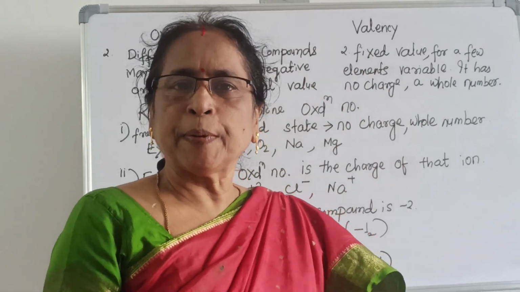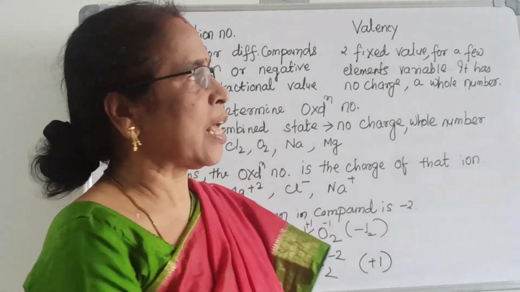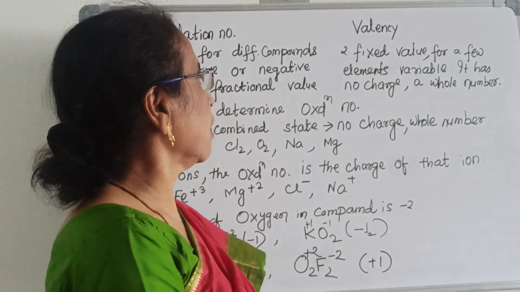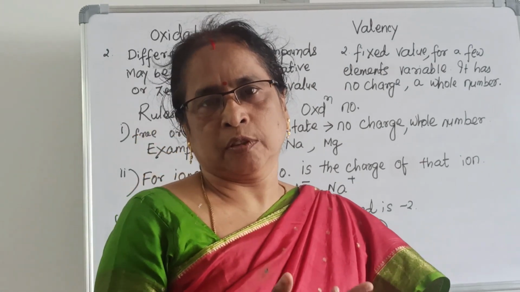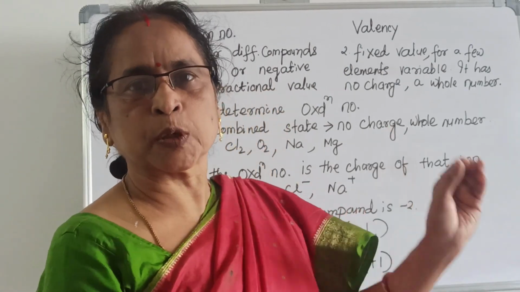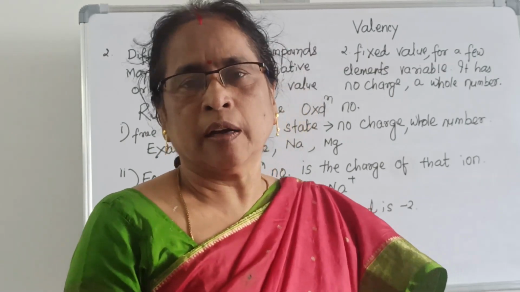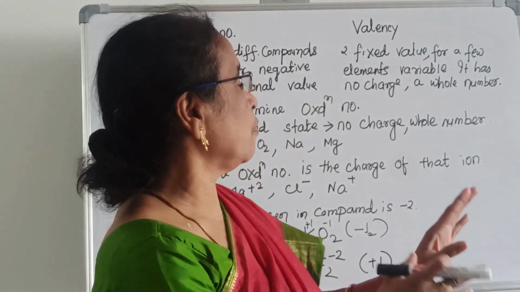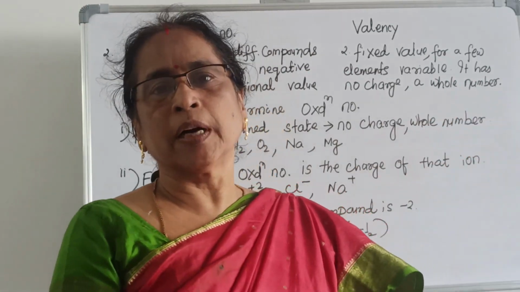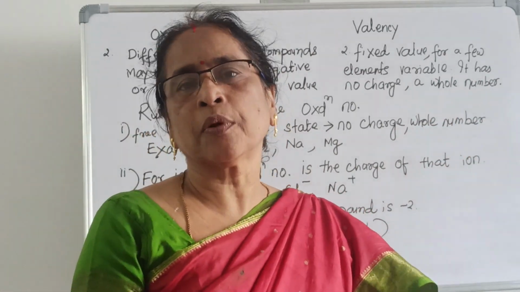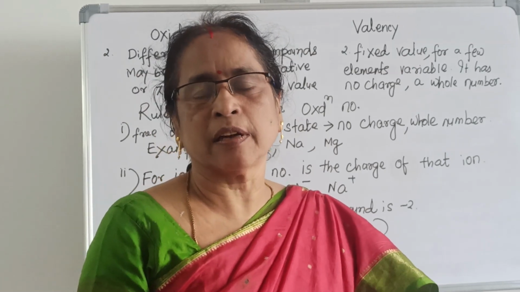But for a few elements it is variable, just like transition metals, and it has no charge. Generally a student may say it is +2, -1, 0, something, but what is actually the correct one? There is no charge. It is a whole number. You can say 2, 3, 4 like this, but not any fractional number.